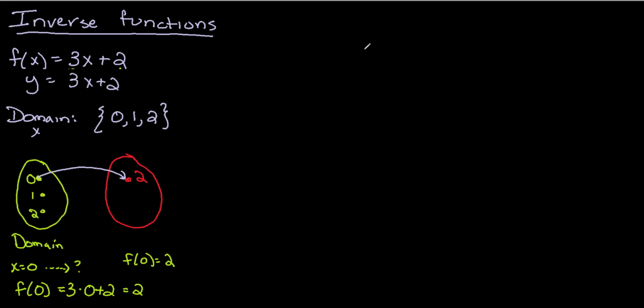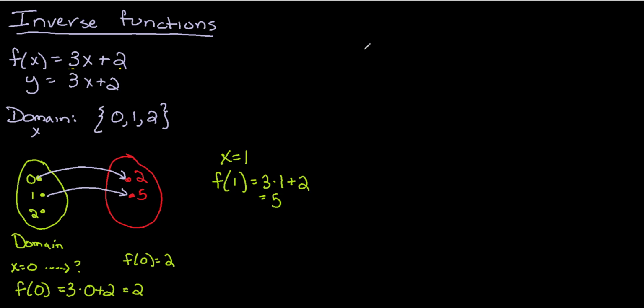Now, we can similarly go through the rest of the calculations. When x equals 1, what happens there? f of 1 equals 3 times 1 plus 2, so that's 3 plus 2, which gives us 5. In went a 1 and out came a 5.